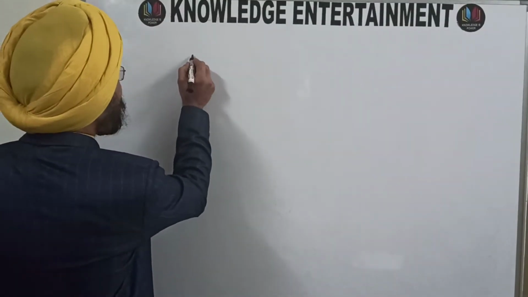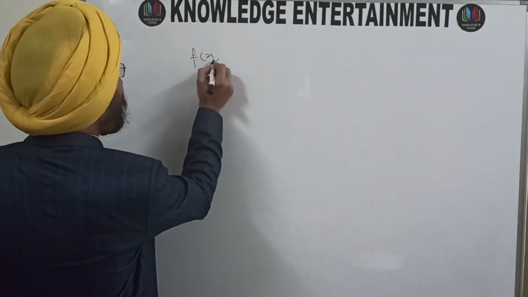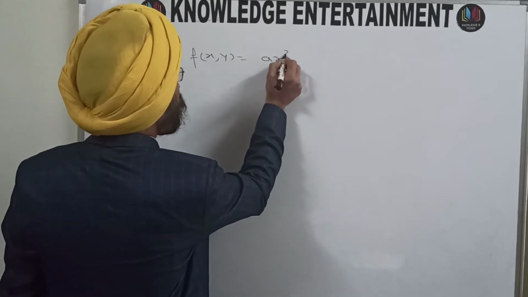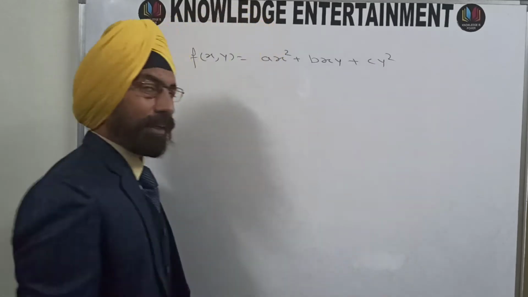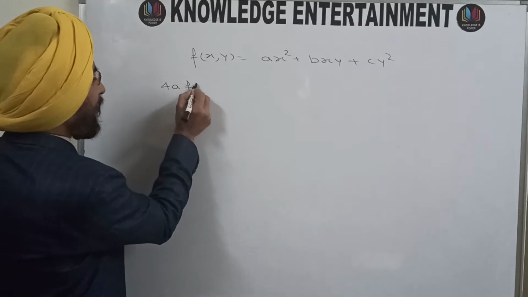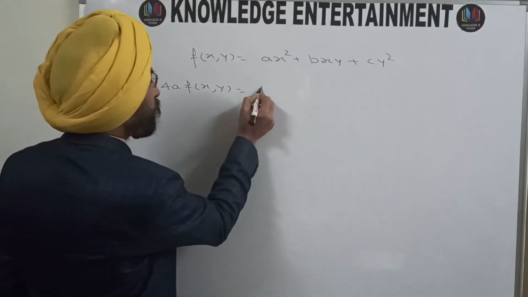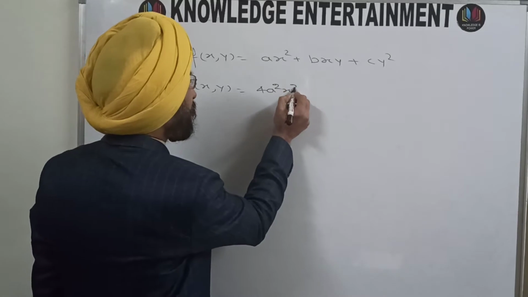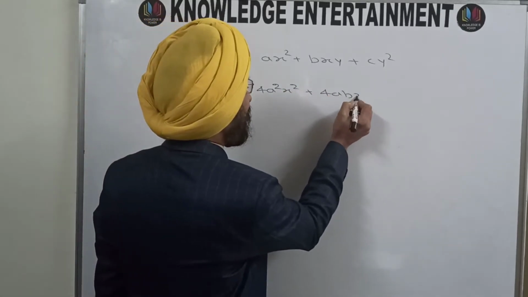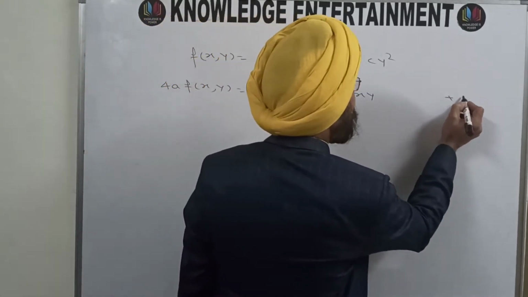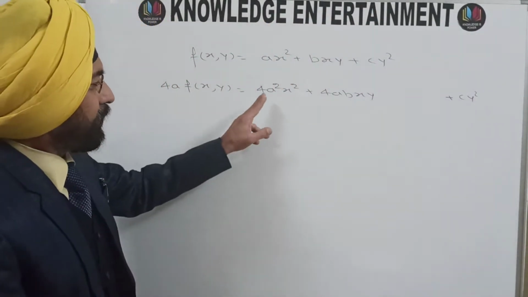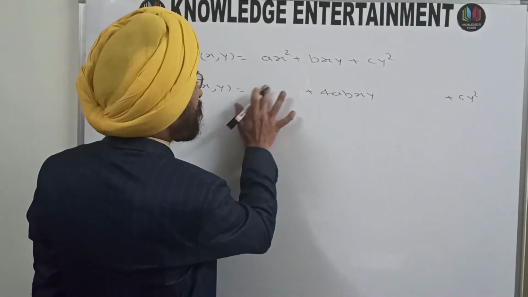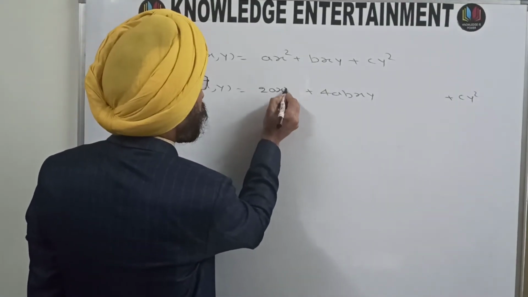So the reason was, actually we have f(x,y) equal to ax square plus bxy plus cy square. Now multiply both sides by 4a to get 4a f(x,y) equal to 4a square x square plus 4ab xy plus 4ac y square. The first term can be written as (2ax) whole square.